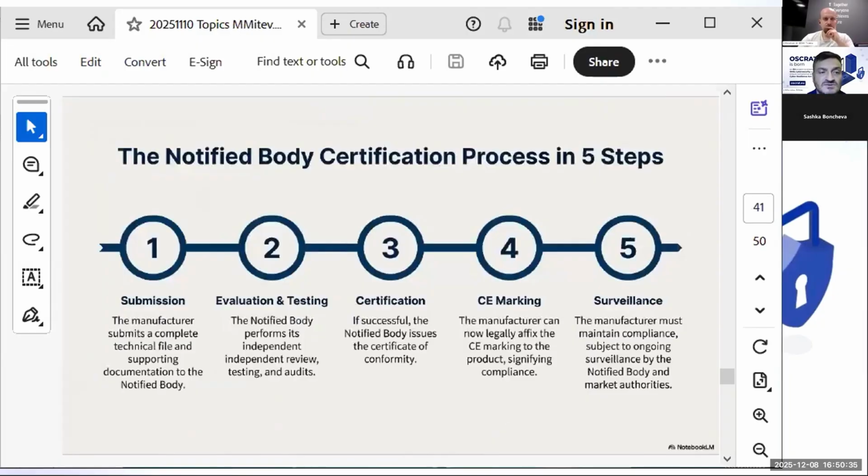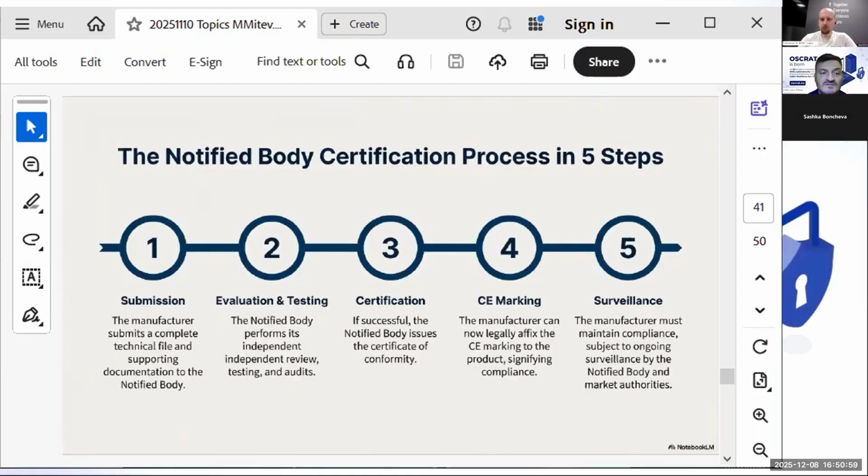This slide shows the certification process in 5 steps. First, the manufacturer submits a complete technical file and any supporting documentation to the notified body. Second, the notified body conducts evaluation and testing, reviewing all documents and performing tests as needed.